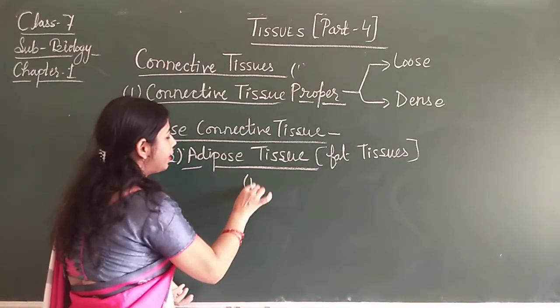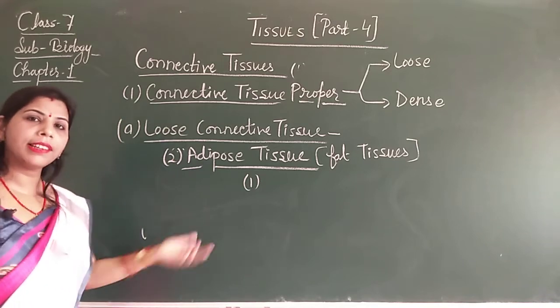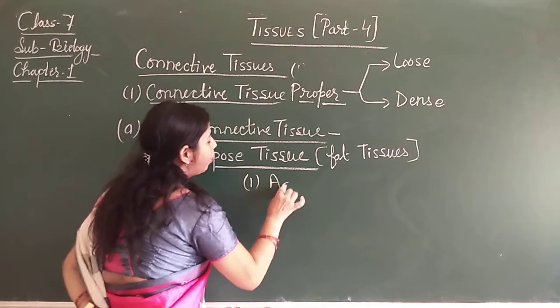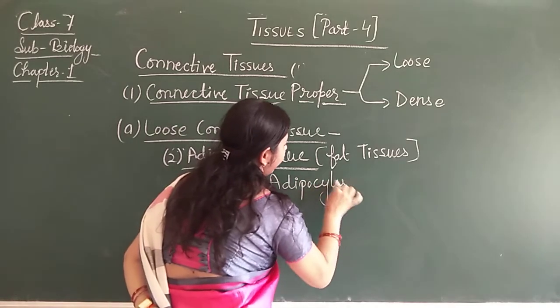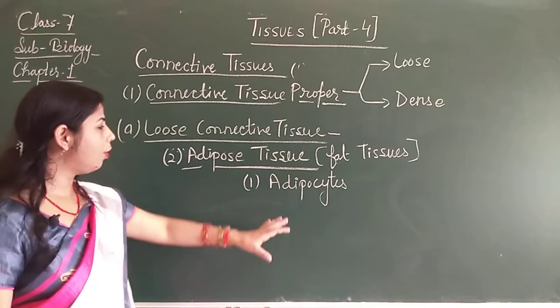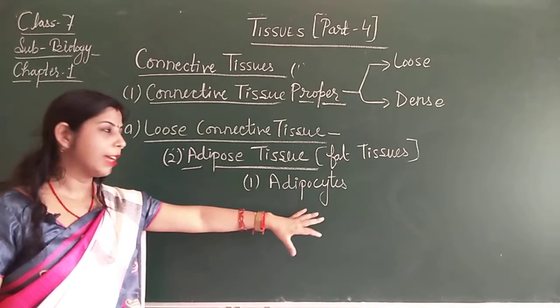Because these tissues have cells known as adipocyte cells, and these cells are made up of huge fat content.